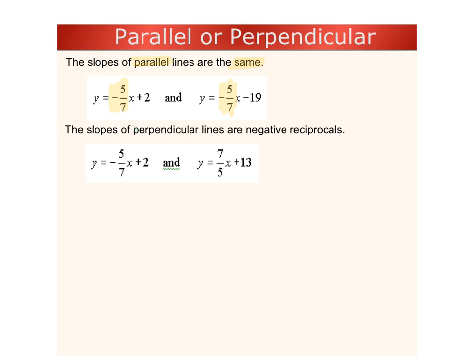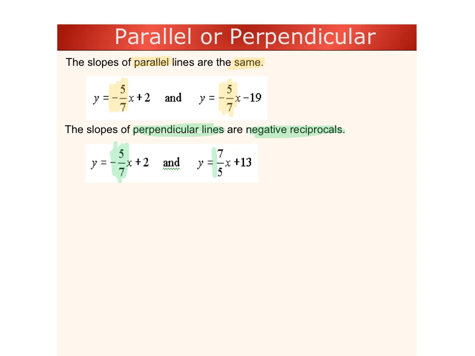Slopes of perpendicular lines are negative reciprocals. So negative reciprocal, the negative part just means that one's positive, one's negative. So if we look at the first line, it's negative 5/7.